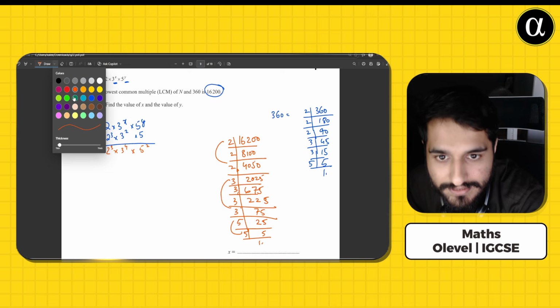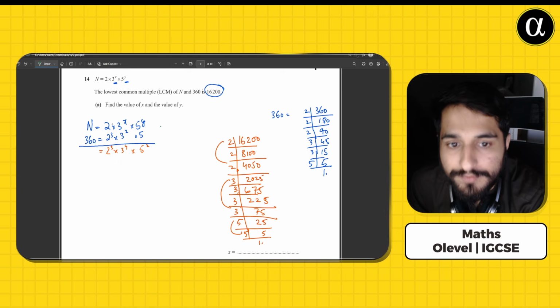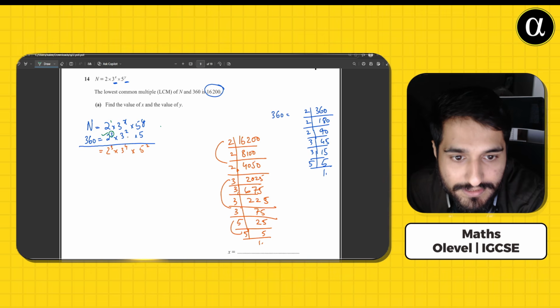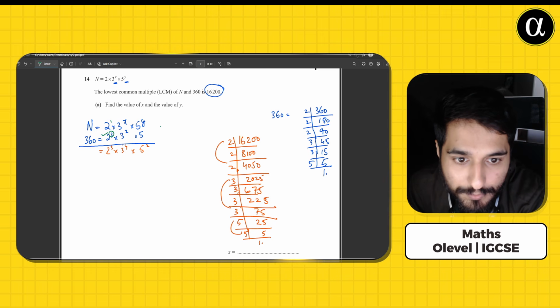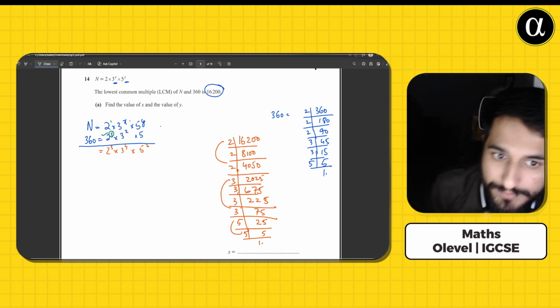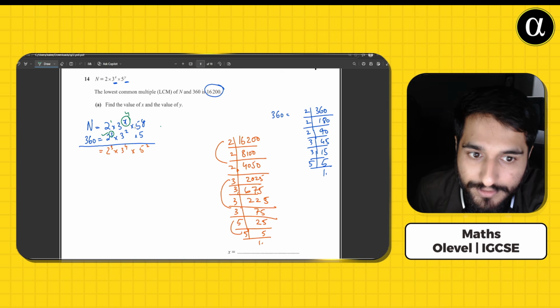Now let's see what is the highest possible combination of these two that would give us this. For the power of 2, the answer is 3, so we select that. Out of these two for the power of 3, the answer should be 4. So 4 is greater than 2, which means over here we should have had 4. And one of these two had to be 2 for this answer to be 2.